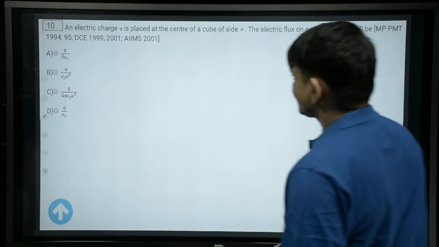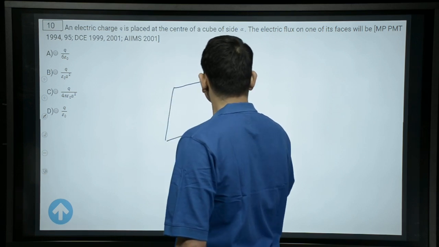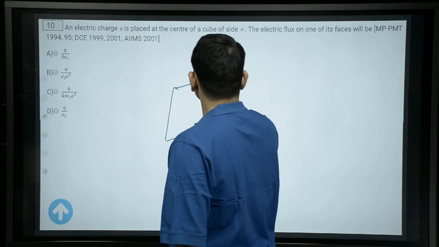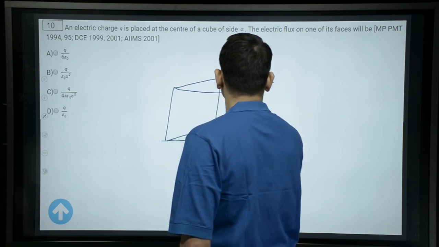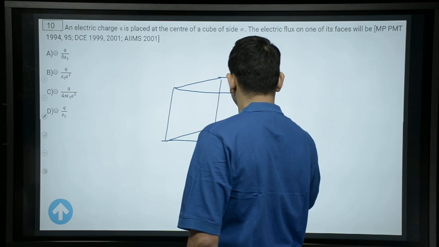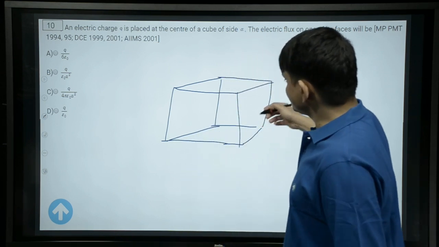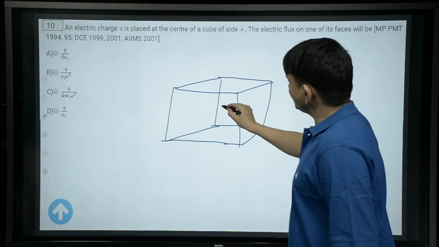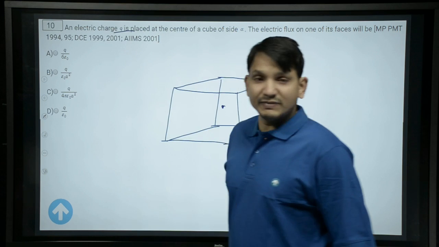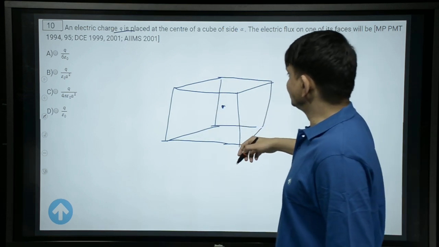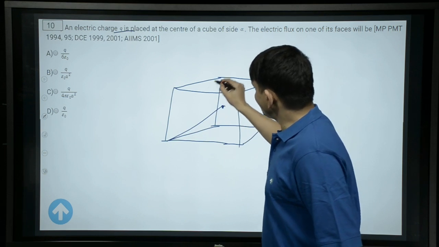Okay, I think there should be some pictorial input here, but that was not available, so let me try and draw it for you. So suppose this is a Q, a charge Q placed just at the center, and you need to find the flux through all the faces.